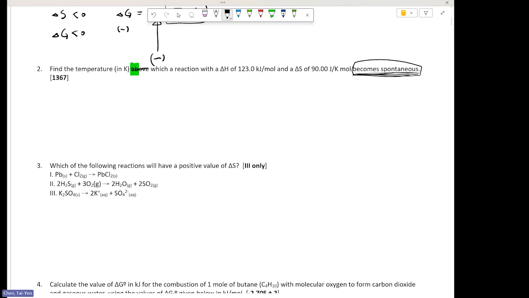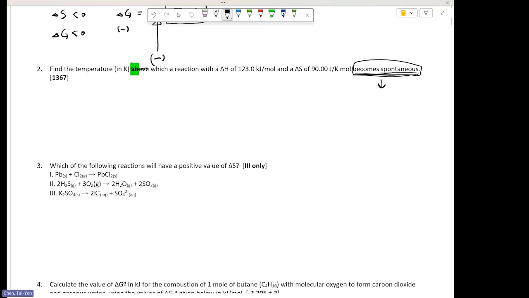What does that certain temperature mean? It is when you are at equilibrium. Because if your delta G is negative, it's spontaneous, and positive is non-spontaneous, the turning point is at equilibrium. So the temperature at equilibrium will be the temperature this question is looking for.